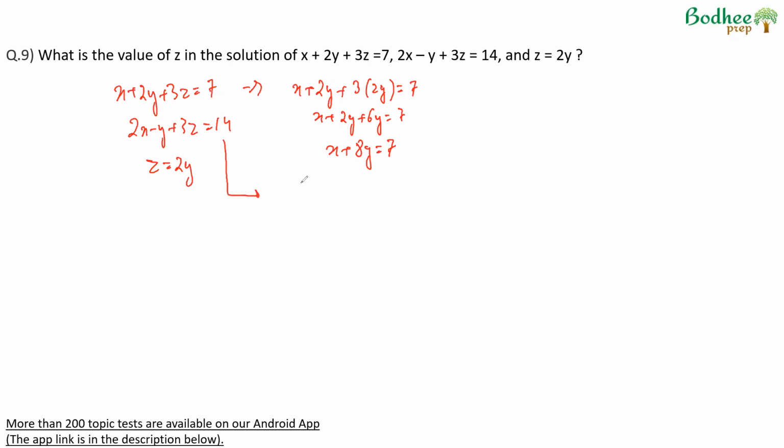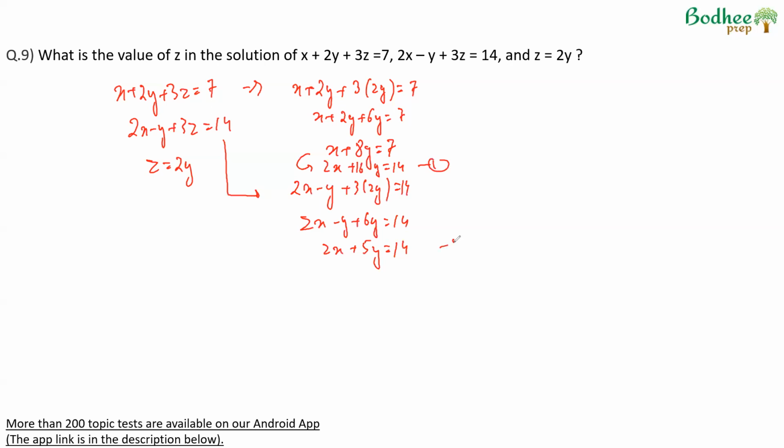Substituting z here, we get 2x minus y plus 3 into 2y is 14, which means 2x minus y plus 6y is 14, which means 2x plus 5y is 14.